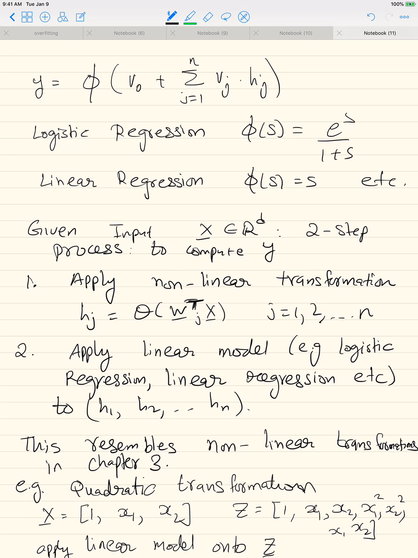Right? We studied this before. But there is a crucial difference when we do neural networks versus this traditional approach. And the difference is that the weight vectors wj are not fixed upfront. They are actually learned from the data itself.